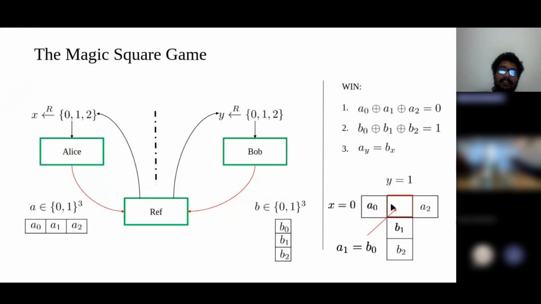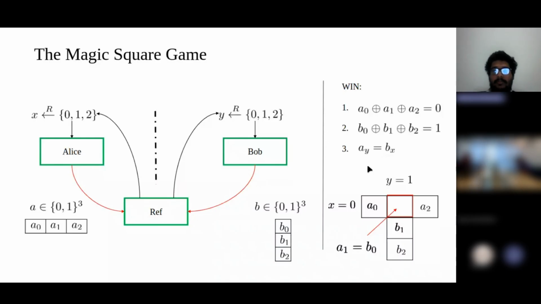The common bit would essentially be the place where Bob's answer written as this matrix and Alice's answer written as this matrix coincide. In this example, it's this red square. So the 2 bits on this red square for Alice and Bob have to be the same. That is this condition. A sub y and B sub x have to be equal. Is this clear to everybody? Yes. Thank you. Okay, cool.